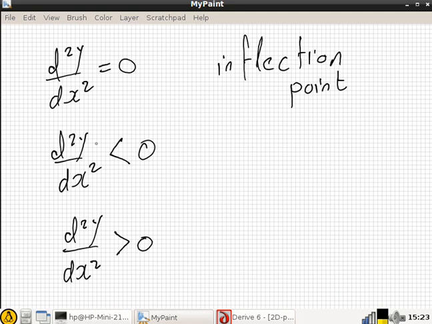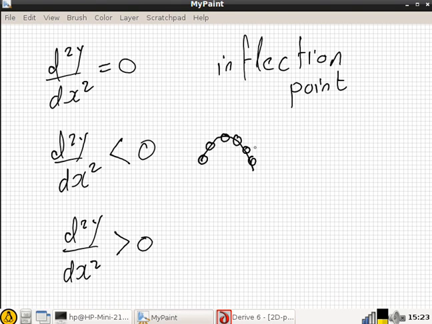When the second derivative is negative, this means the graph has a hill shape at that part. So it looks like this. Maximum and minimum. It's related to that, yeah. If you calculate the second derivative at all of these points, it'll be negative.